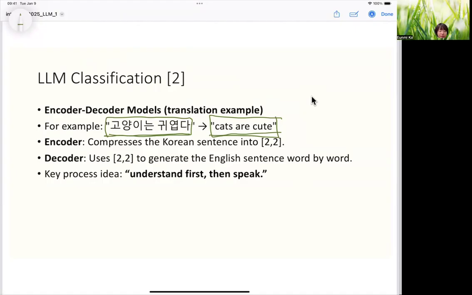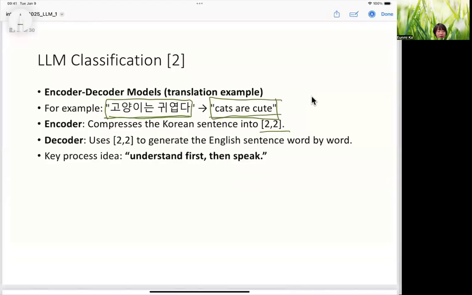The encoder model will compress the Korean sentence 고양이는 귀엽다 into 2 and 2, and the decoder model will use this 2 and 2 to generate the English sentence word by word: cats are cute. So the key process idea of encoder-decoder models is understand first, then speak.